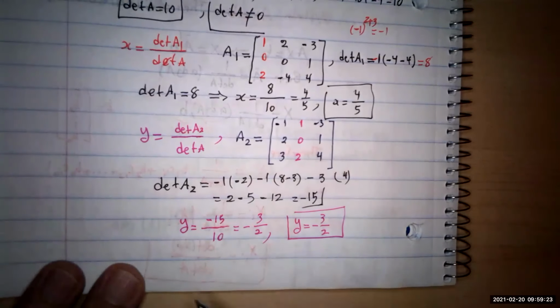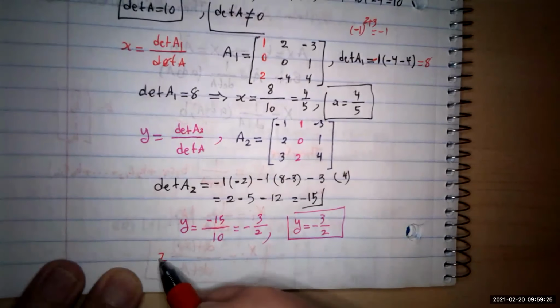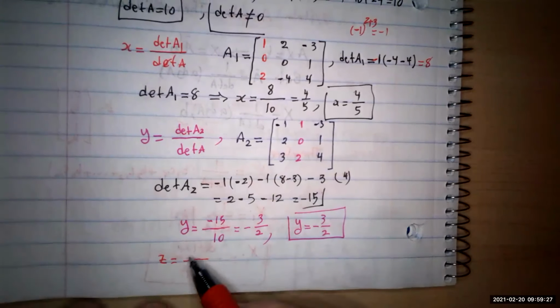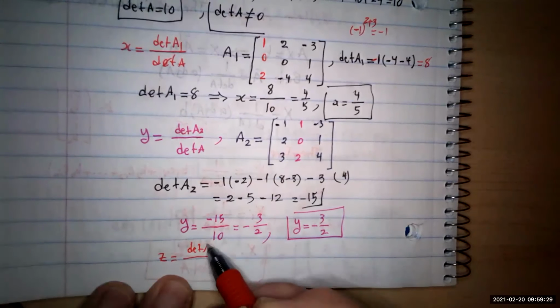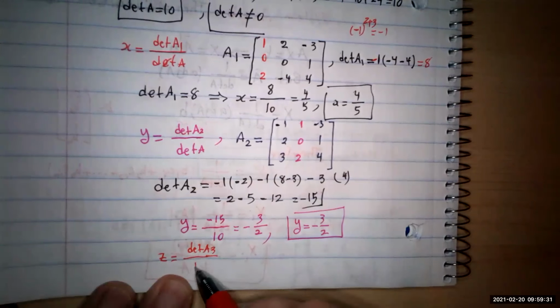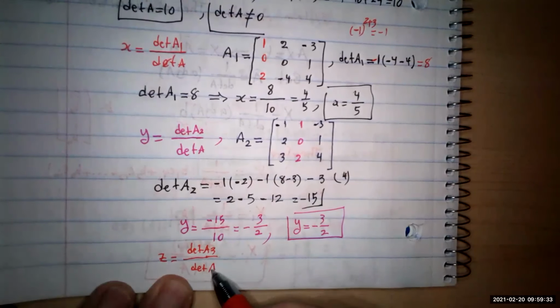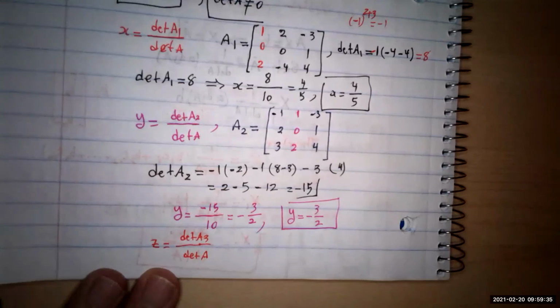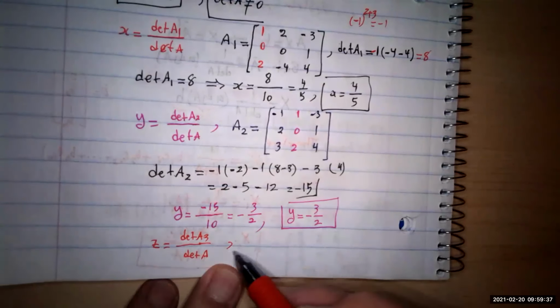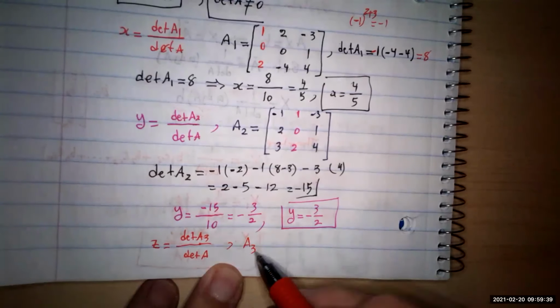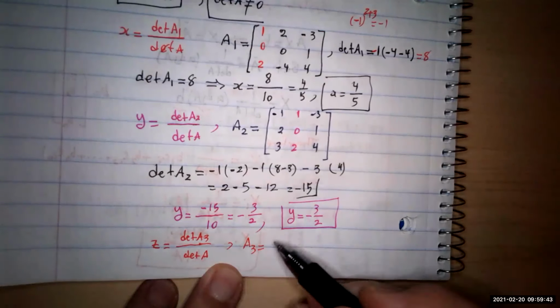So what is going to be the z? In order to get the z, we have to find the determinant of the A3 over the determinant of the A. So what is your matrix? The matrix is going to be A3. For the A3, we have to replace the third column, the z column.